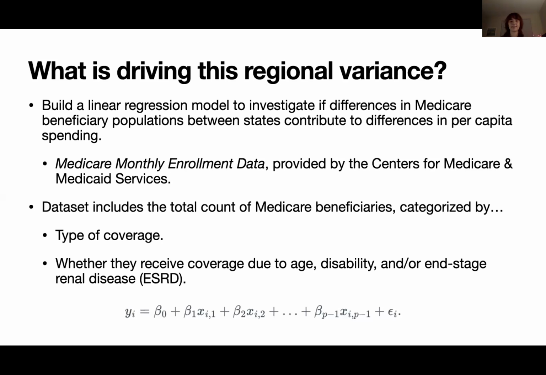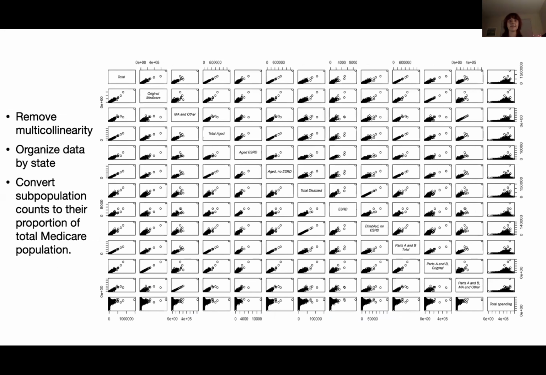And so what I did with this data is I removed any multicollinearities to get the most salient variables from this data set, because a lot of the tallies are subpopulations of others. And I also organized the data by state because it was organized by county before.